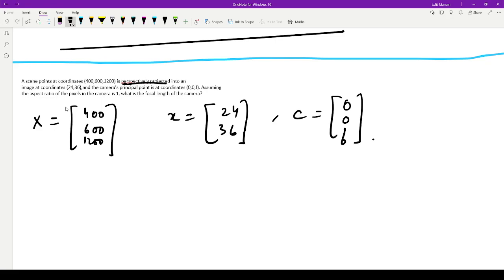Can anyone say the basic idea? The distant objects will appear smaller in case of this perspective projection. Sorry, I can't hear you. Can you speak loudly?